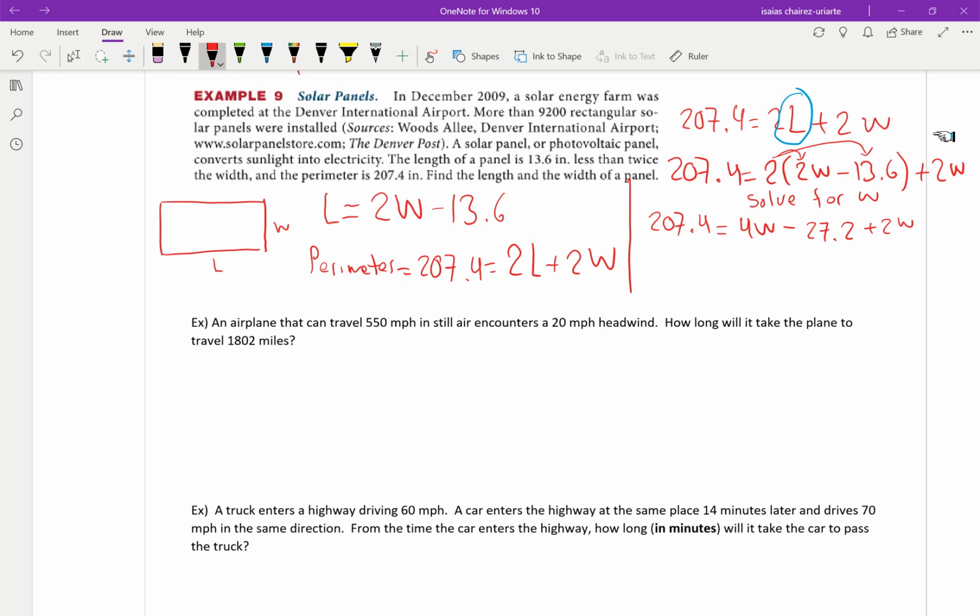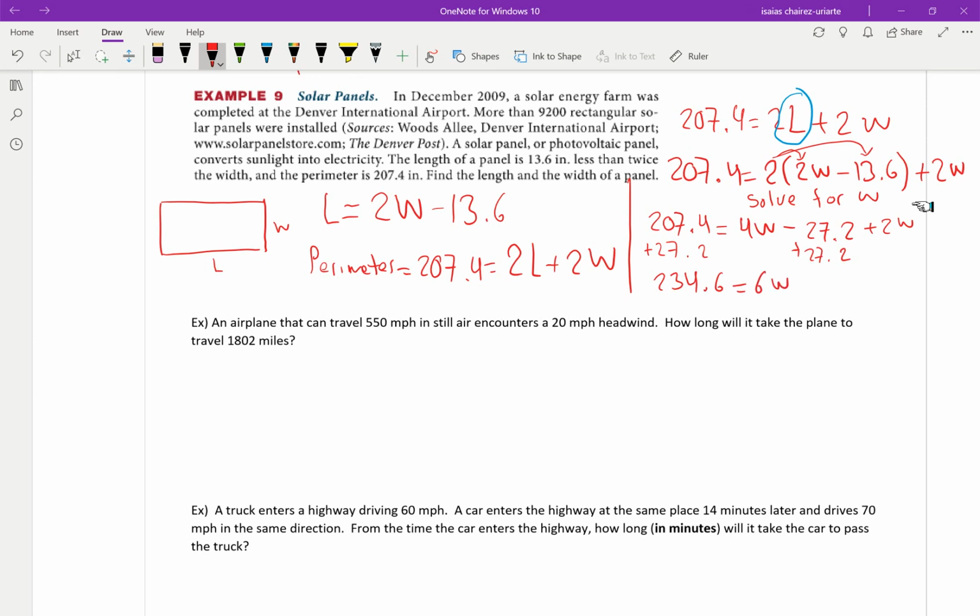Now collect like terms: 4W plus 2W is going to be 6W, and I am going to add 27.2 to both sides. That gives me, using my calculator right now, 234.6 equals 6W.